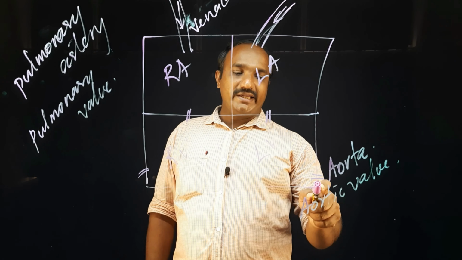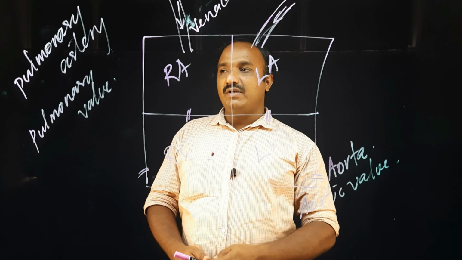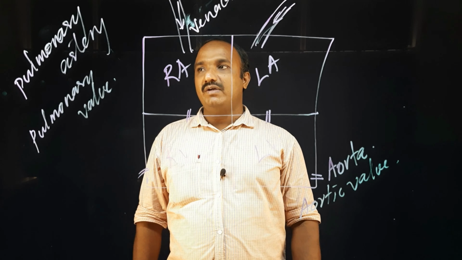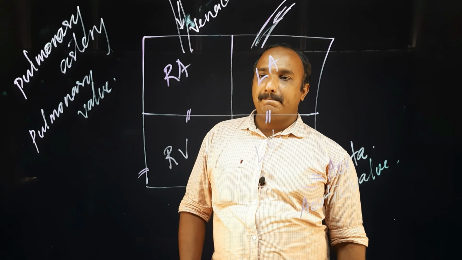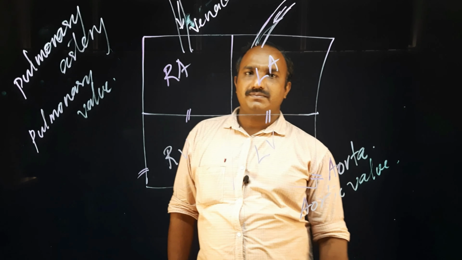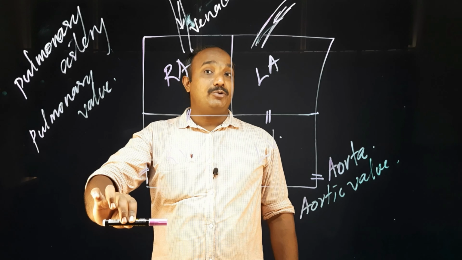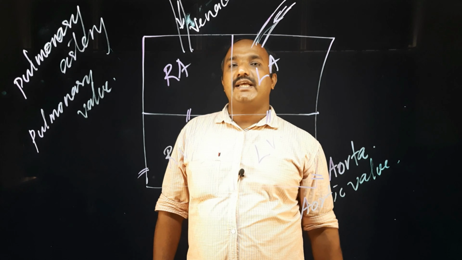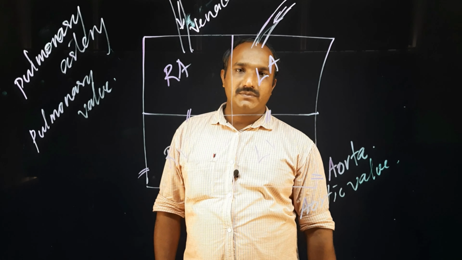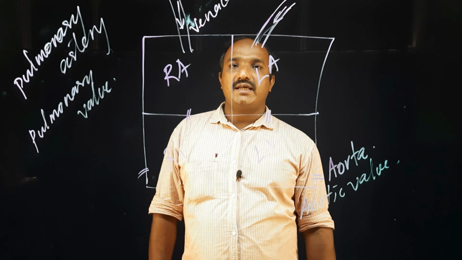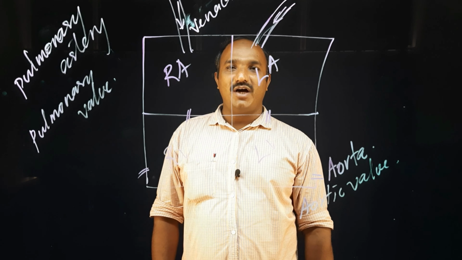Then at the aorta's starting place there is a valve, the aortic valve. Then at the pulmonary artery's starting place there is a valve, called the pulmonary valve. Then another point, the right side of the heart carries impure blood and the left side of the heart carries pure blood. Okay. So these are the main points related to the heart.